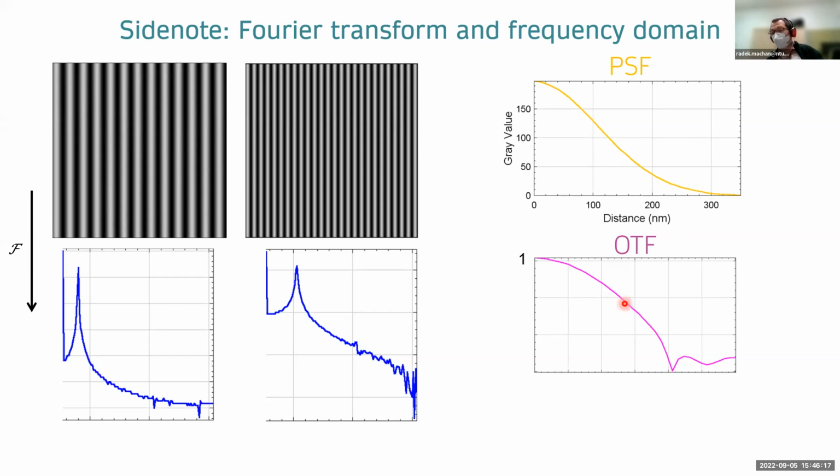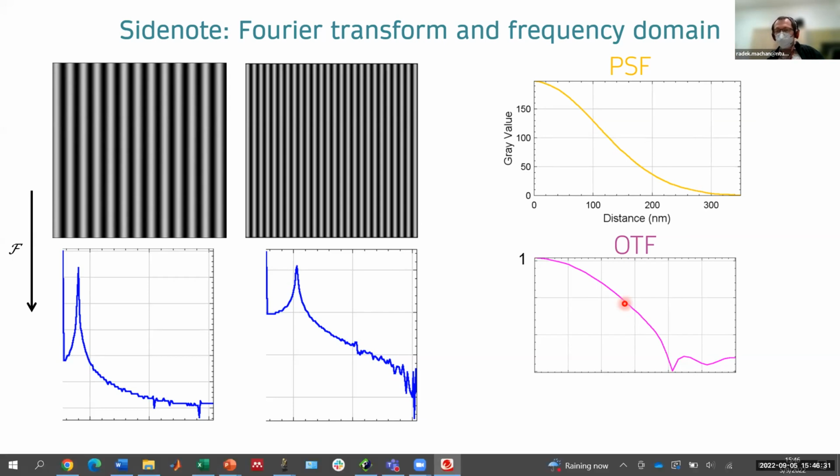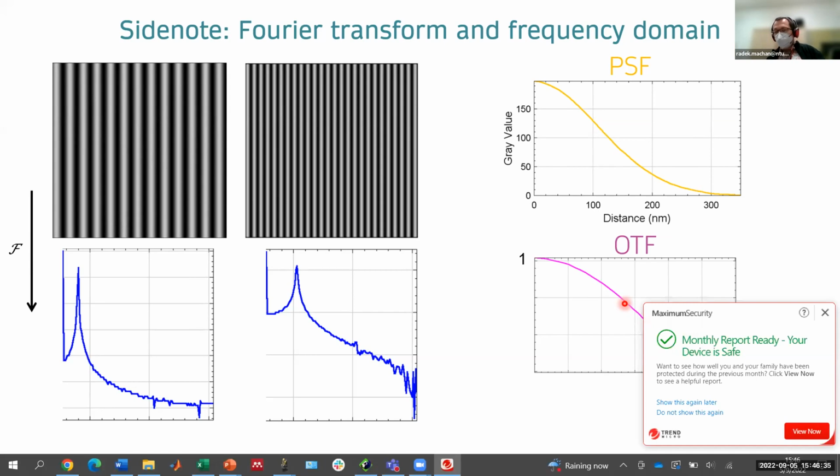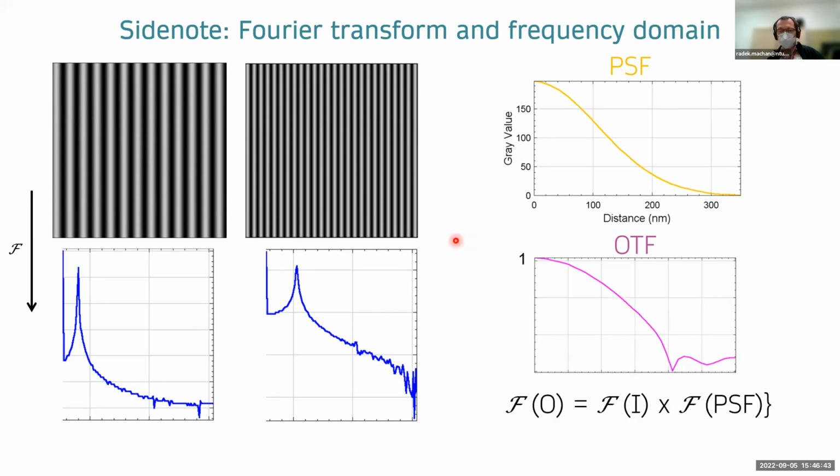Am I able to resolve it or not? But it doesn't mean that there's a sharp cutoff and that there's no information on anything smaller than that. That's something we should remember, and there's a gray zone, and we can get better or worse resolution depending on other factors as well.